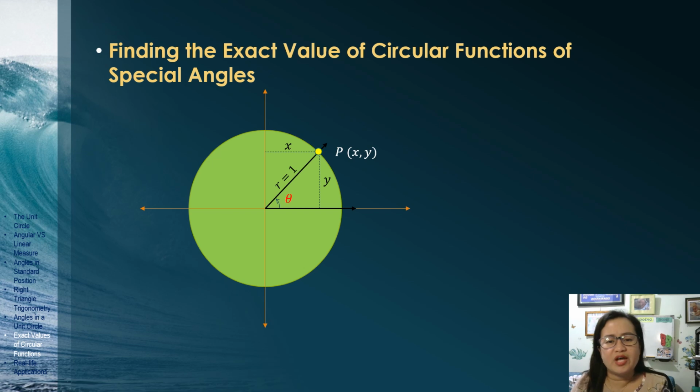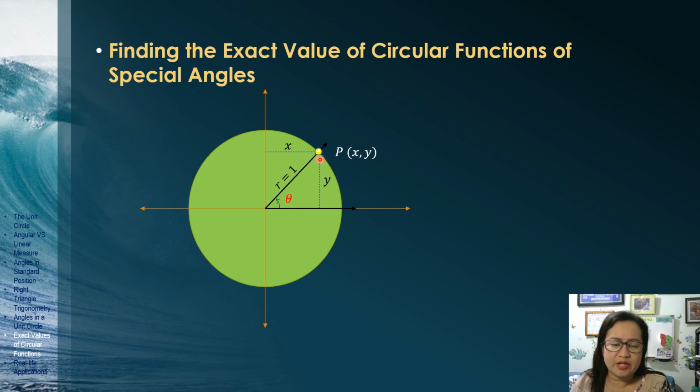Now what if we have an angle that is not a quadrantal angle? Okay. This can be the trigonometric point that is found using our right triangle trigonometry. So let's say we have this point, and since this is a unit circle, then its radius is equal to 1. And we have this angle theta. Then this point will have coordinates (x, y). Okay.